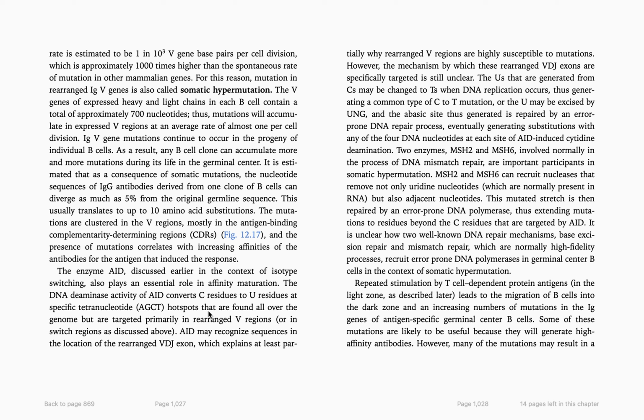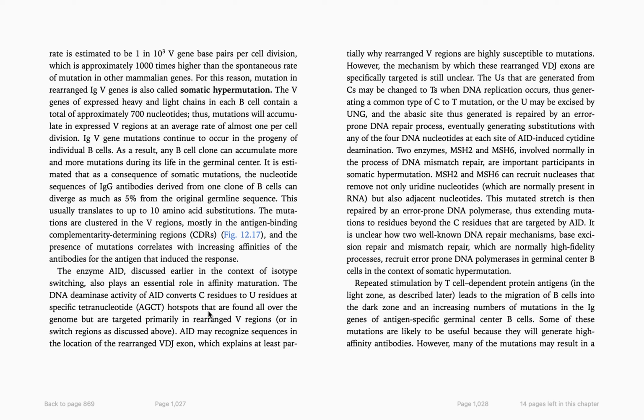This mutated stretch is then repaired by error-prone DNA polymerase, thus extending mutation to residues beyond the C residue targeted by AID. It's unclear how two well-known DNA repair mechanisms, base excision repair and mismatch repair, which are normally high-fidelity processes, recruit error-prone DNA polymerase in germinal center B cells in the context of somatic hypermutation.